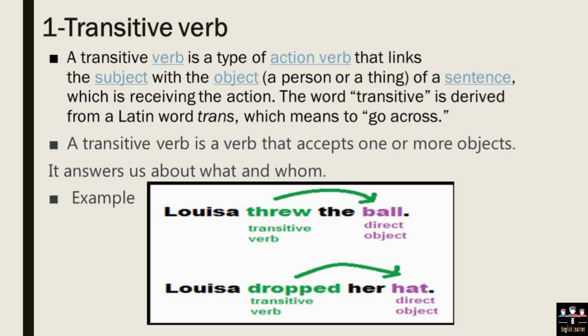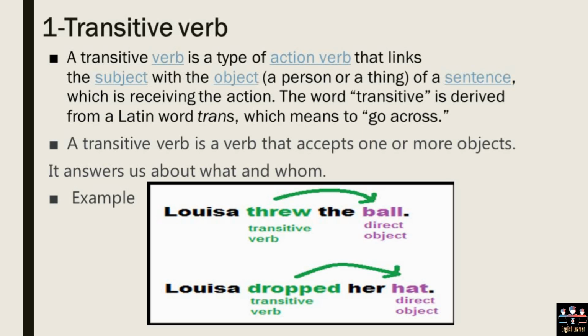And let me mention here that a transitive verb deals with both direct and indirect objects in a sentence. A direct object is the object which is receiving the action directly, whereas an indirect object is the object which is not receiving the action directly.